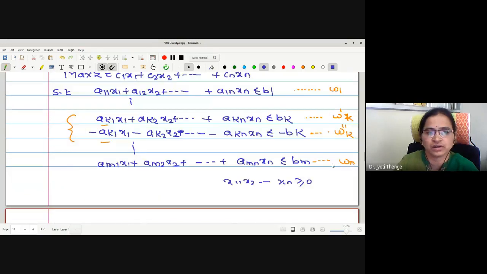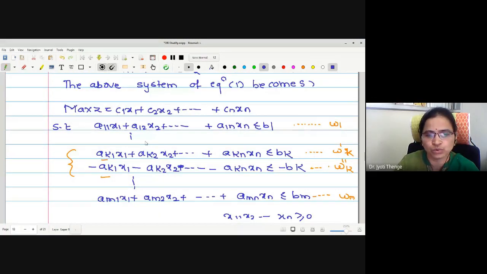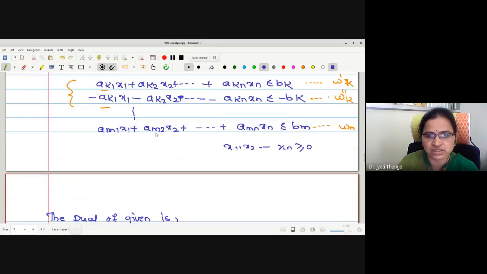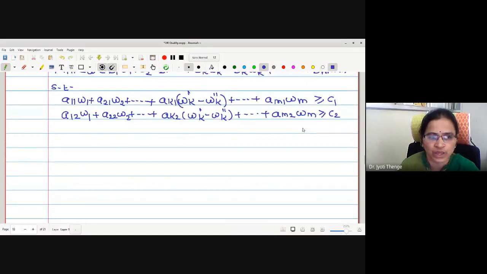Let us check. Correct? K2 we will take common: WK dash minus WK double dash, AM2 WM. Okay, let me write the last one.